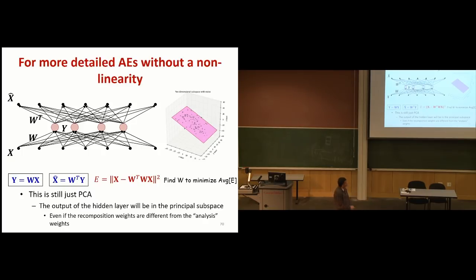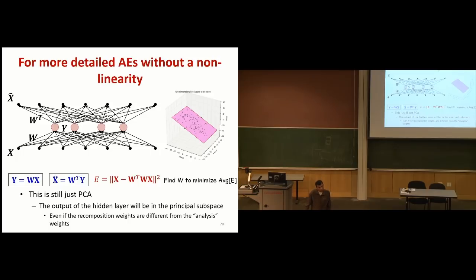So the output is going to be W transpose times y, which is W transpose W x. The error I'm minimizing is the squared error between the output and the desired output, which is the input itself. If I learn my parameters to minimize this, this is a very familiar equation. This is just principal component analysis.